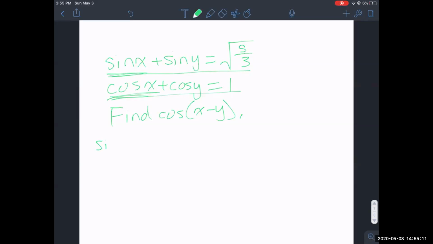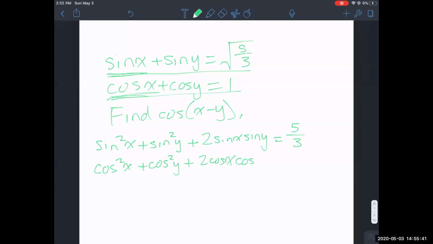So the first one turns into sine squared x plus sine squared y plus 2 sine x sine y is equal to 5/3. It helps that there's a radical here. It even hints that maybe you should square it so that it becomes less ugly. The bottom becomes cosine squared x plus cosine squared y plus 2 cosine x cosine y is equal to 1.